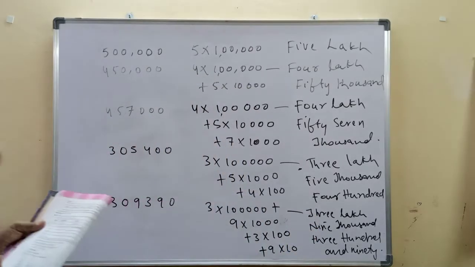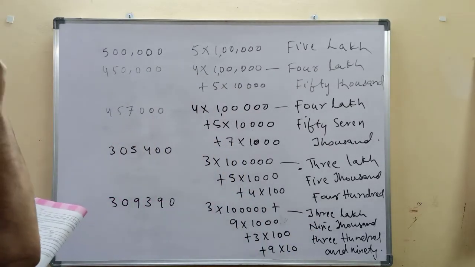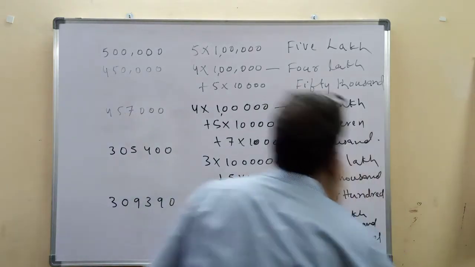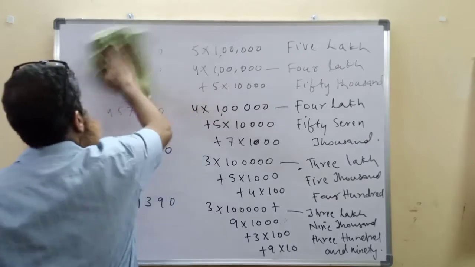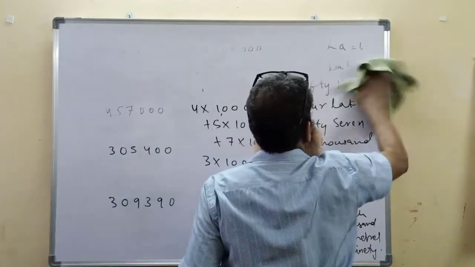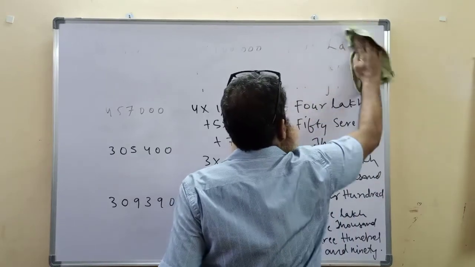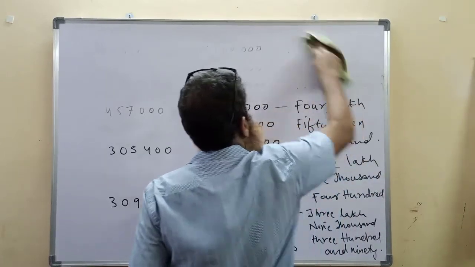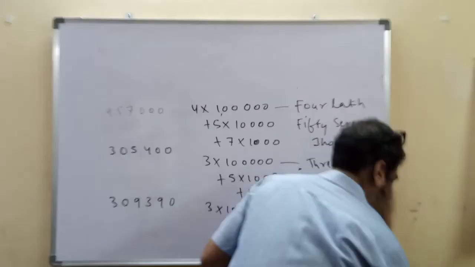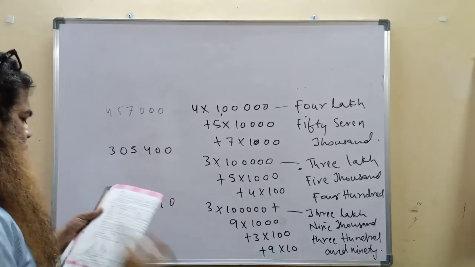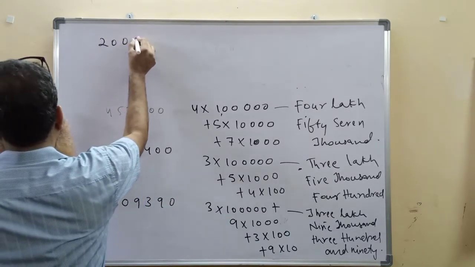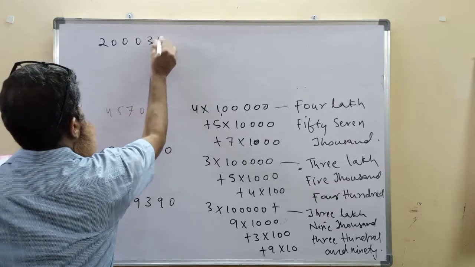We have one more number, 2 lakhs and 35. That we'll write at the top here. The last number in the box we have, 2 lakhs and 35.